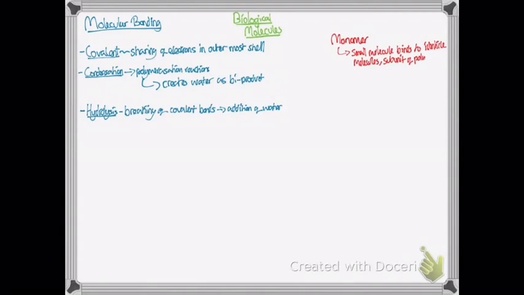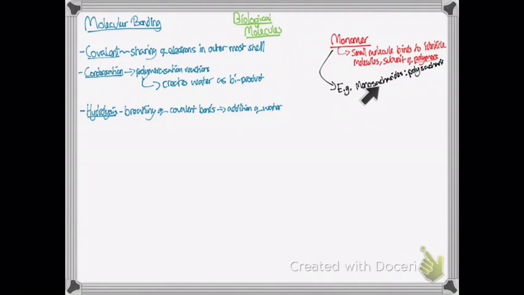water. On the right hand side we can see monomers, and monomers are small molecules that bind to identical molecules. So they form a subunit of polymers. Then you have monosaccharides and polysaccharides.